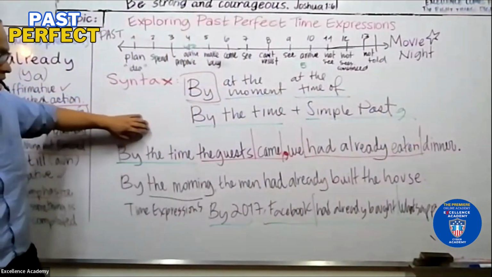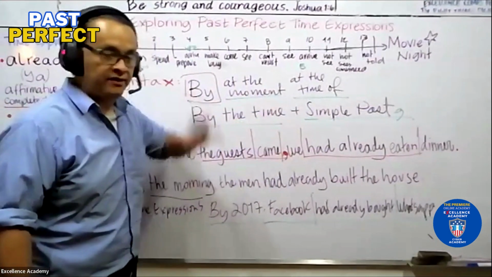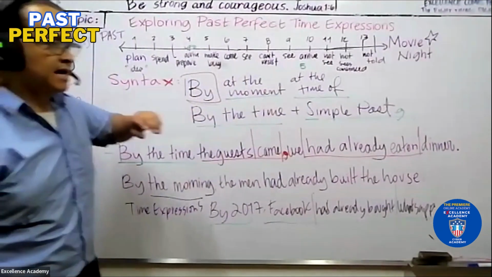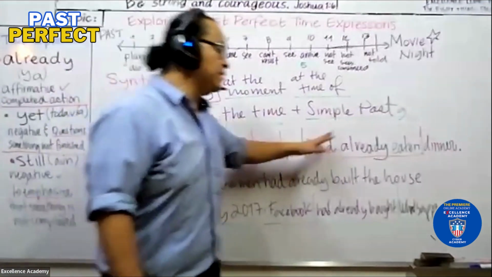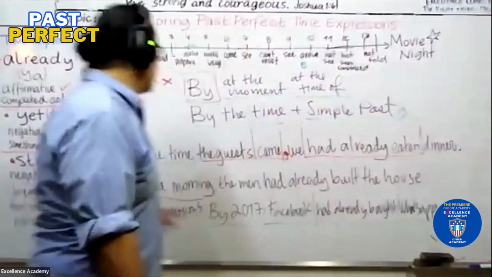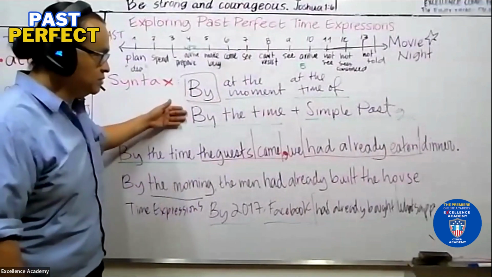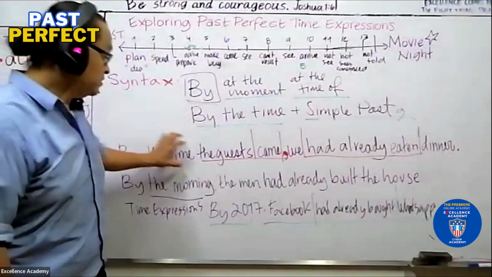So we could say, by the time the guests arrived, we had already finished the food. By the time the guests knocked on the door, we had already prepared the table. So it's a great way to introduce the past perfect, and it situates us, it puts us in time.